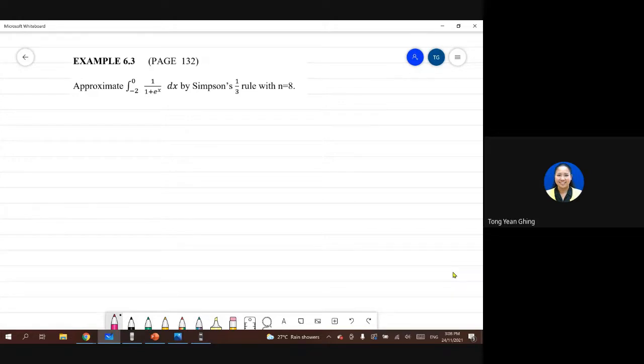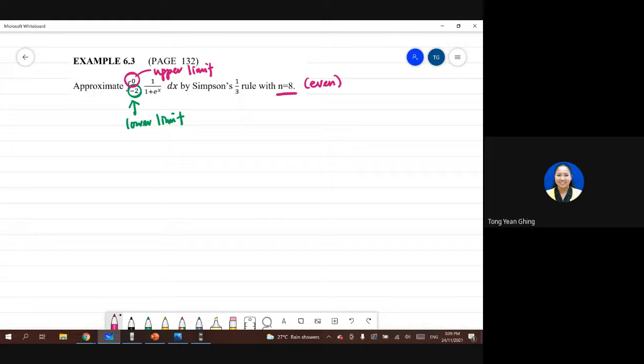For the lower limit, negative 2, upper limit kosong. Okay, that means from negative 2 to 0, for this function by using Simpson's one-third rule with n equal to 8. Okay, so n equal to 8, this is even. Okay, ini genap. So we can use Simpson one-third rule.